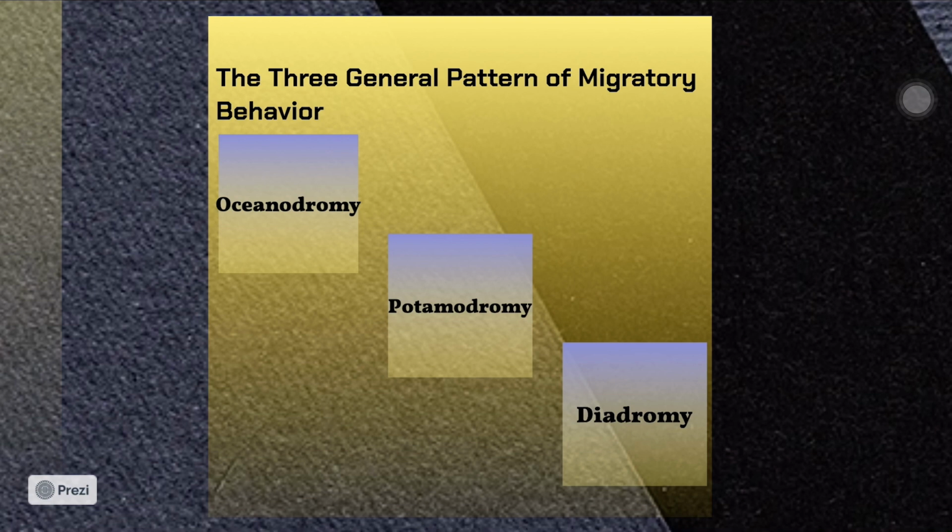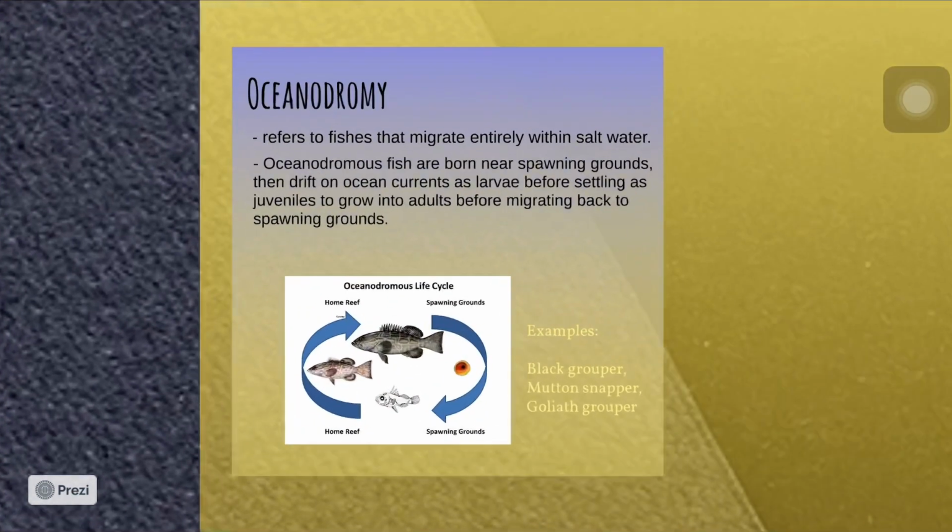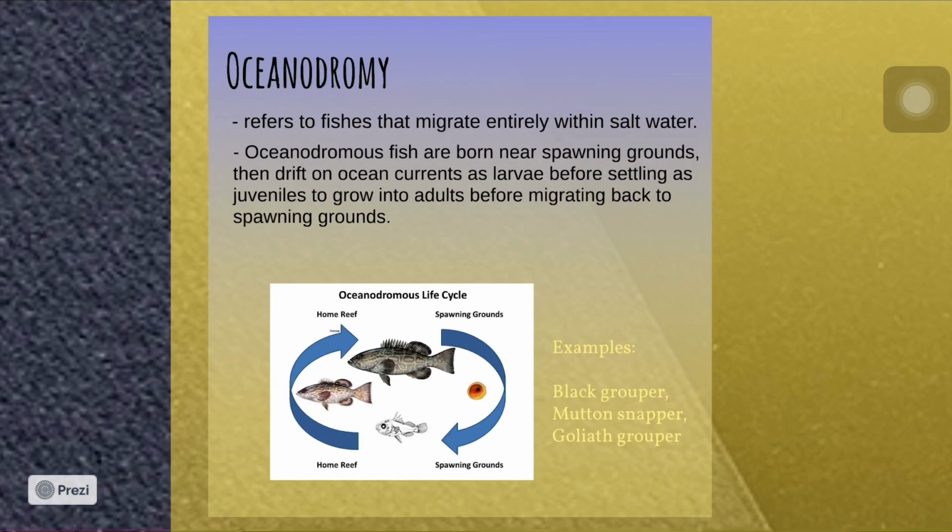So, under oceanodromy. Oceanodromy refers to fishes that migrate entirely within salt water. An example of these are groupers. Groupers travel into salt water for spawning season.